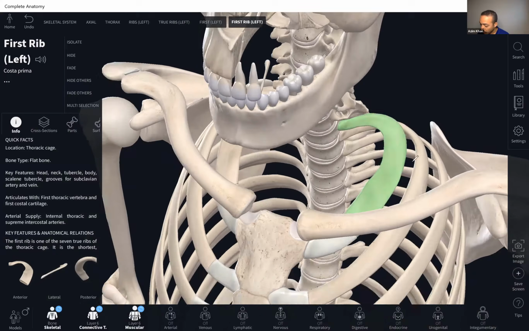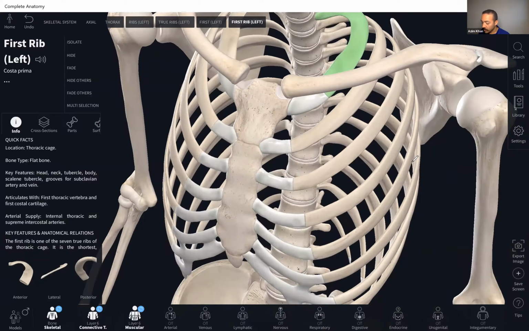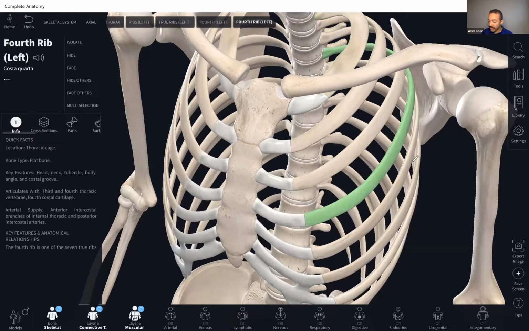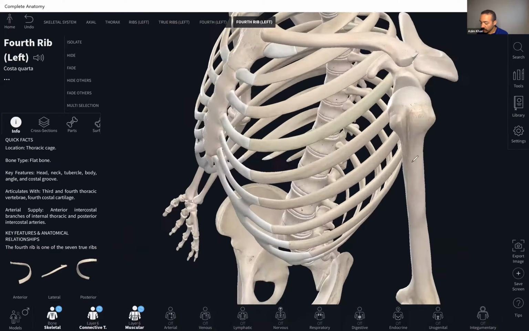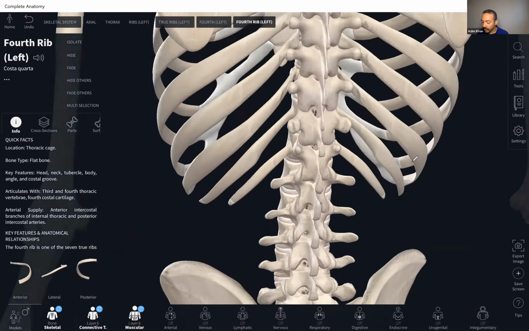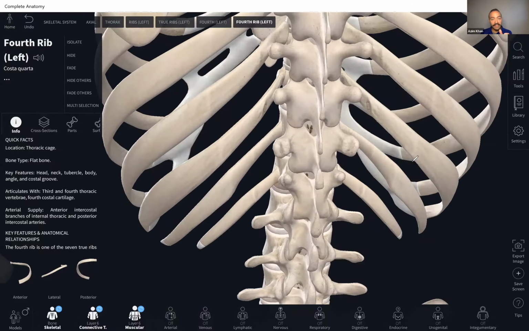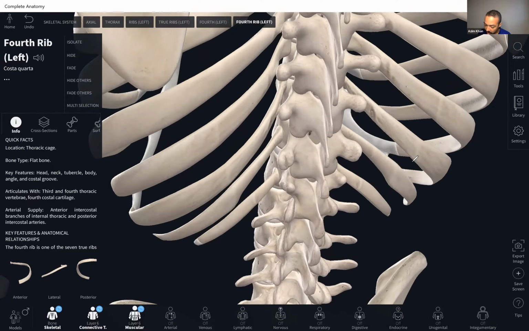The ribs get bigger and longer the farther down you go until you get to a point. Once you get to the false ribs, they start getting smaller and thinner. The floating ribs are the least curved and the thinnest.